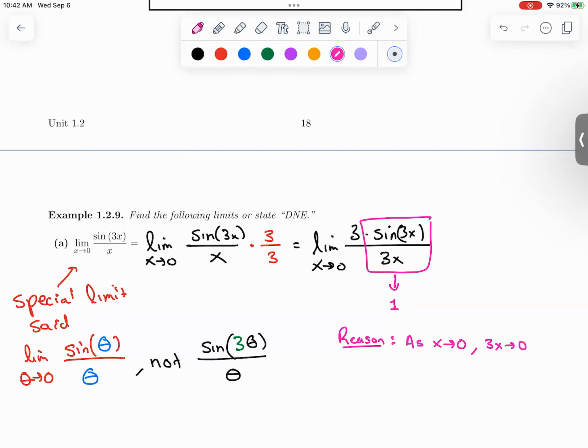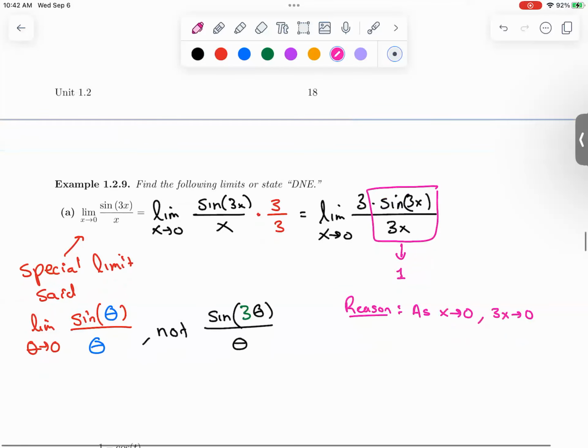As x goes to 0, 3x also goes to 0. So it works out. And in fact, there's a theorem on the next page that becomes a much better, much more versatile use of this. So suspend disbelief for just a moment, and then we'll have a theorem to take care of this in general. So this becomes 3 times 1, just 3.